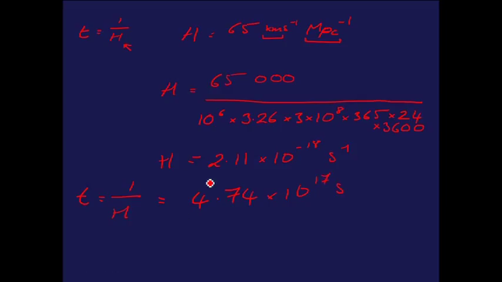If we convert that into years, it comes out to roughly 1.5 times 10 to the 10, which is 15 billion, which is greater than the accepted value for the age of the universe. The age of the universe is actually about 13 billion years.